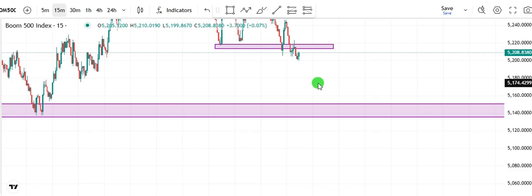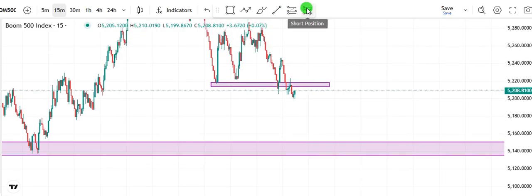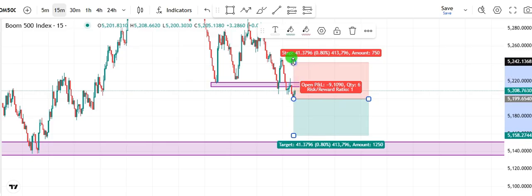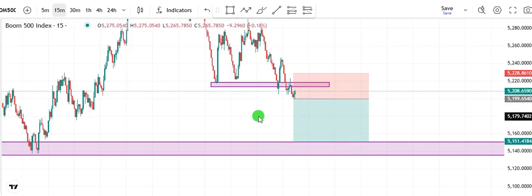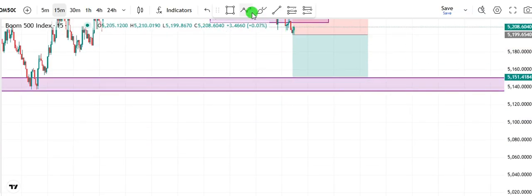Now on the scalping side, right, here is the scalping opportunity for scalpers.